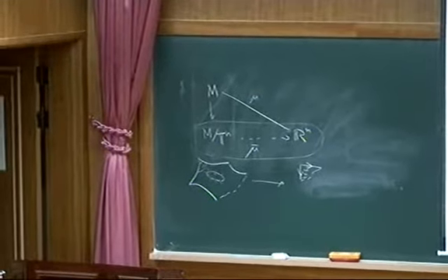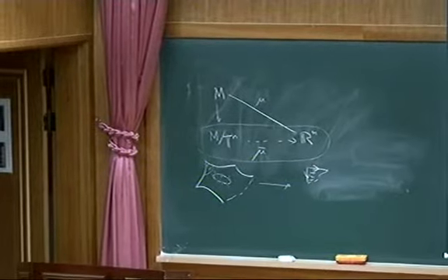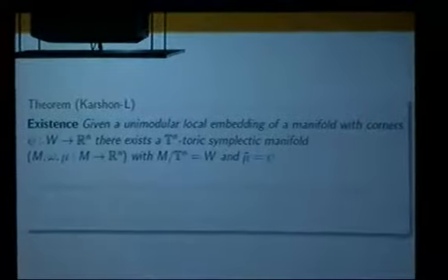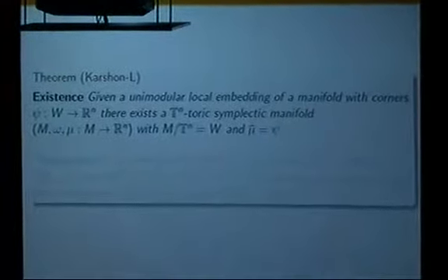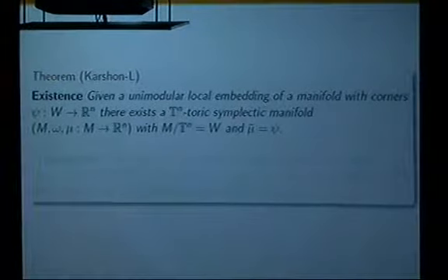So here's our theorem. And I'm not sure when I prepared the slides why I started with the hard part. So here's the counterpart of the existence theorem. Given a manifold with corners and a unimodular local embedding psi, there exists a symplectic toric manifold that gives you that local embedding.